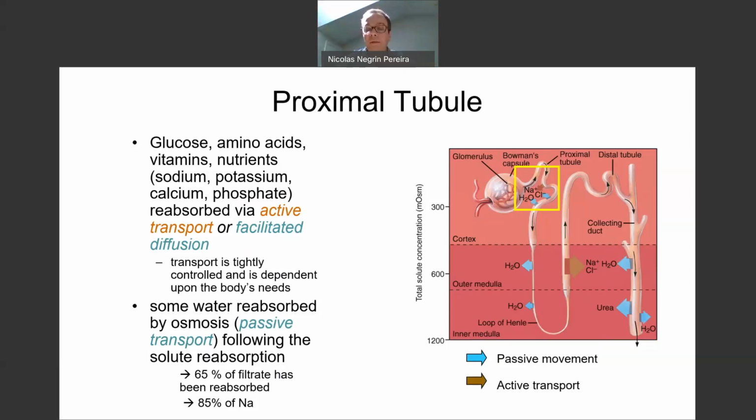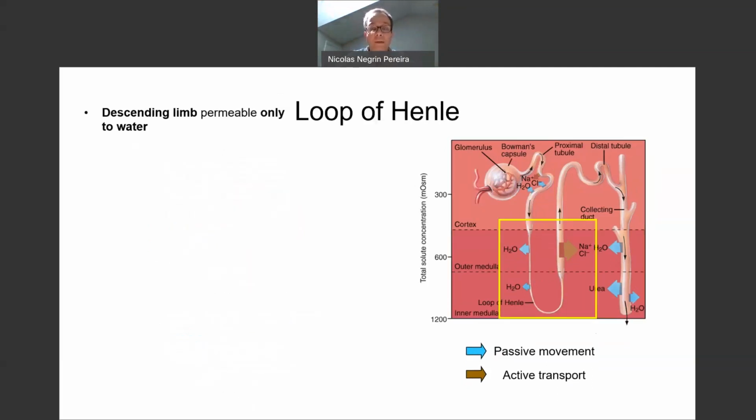We can see how in the descending limb of the loop of Henle, water is passively drawn out of this tubule because there are more solutes present in the outer and inner medulla, which by osmotic gradient causes water to leave the descending limb of the loop of Henle and concentrates solutes inside the tubule, concentrating what is going to become the urine.